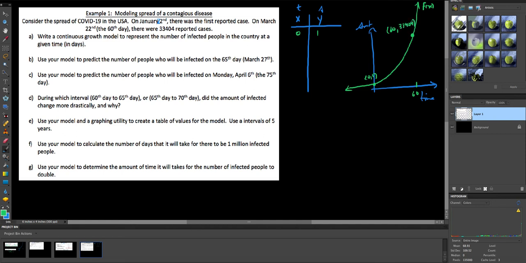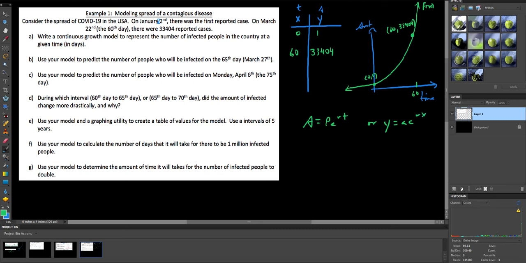So what we're going to look at doing is writing a model here. Let's put in our data, 60, 33,404. We want to write a model for this. Remember that our model has the form A equals P e^(rt), or y equals a e^(rx).